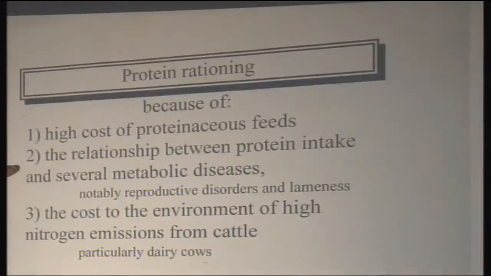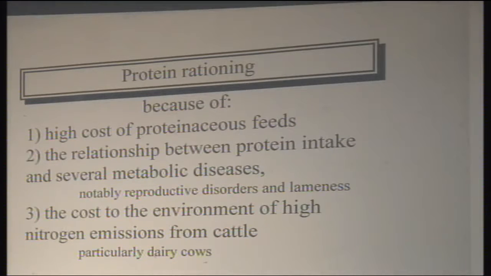Also, there's a strong relationship between protein intake and a lot of the metabolic disorders, particularly reproductive disorders and lameness. So when cows are fed inadequate amounts of protein, then they begin to get these metabolic disorders. And also, there's quite a high cost to the environment of nitrogen losses.